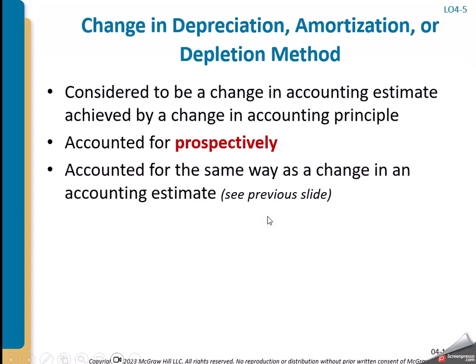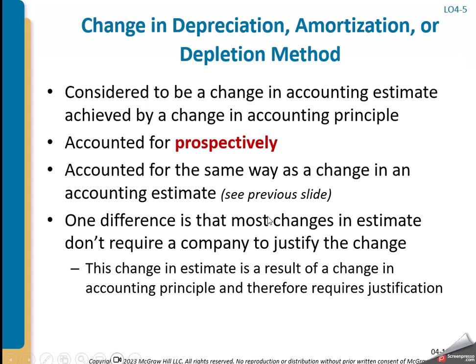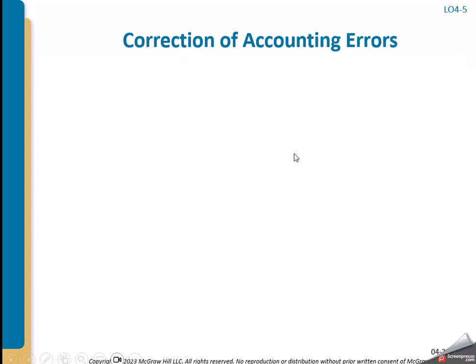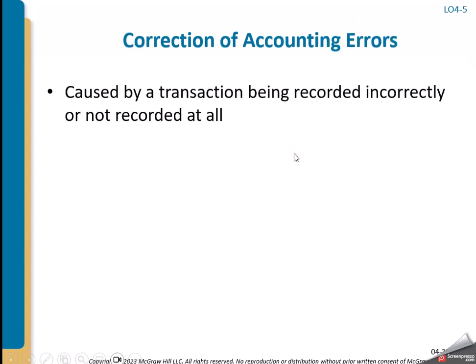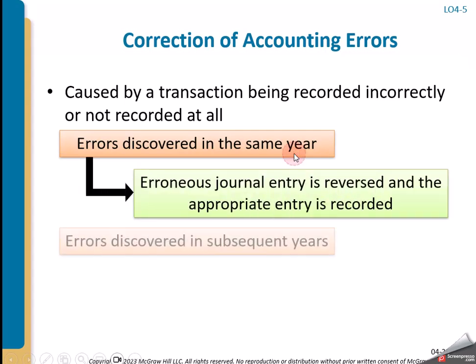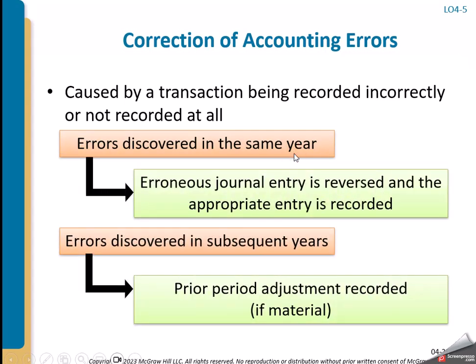We can change the accounting for, this would be a change in estimate, or I guess it could be a change in accounting principle. So it's a change in estimate that is achieved by changing an accounting principle. How we depreciate, amortize, or deplete can result in changing our income statement. So we have to disclose that. If we have any errors that we discover in our financial statements, we have to disclose those.